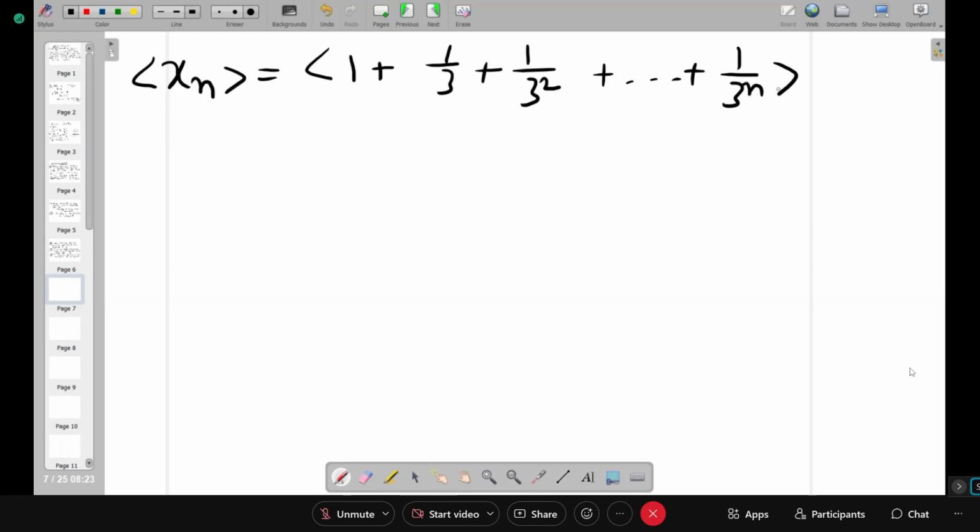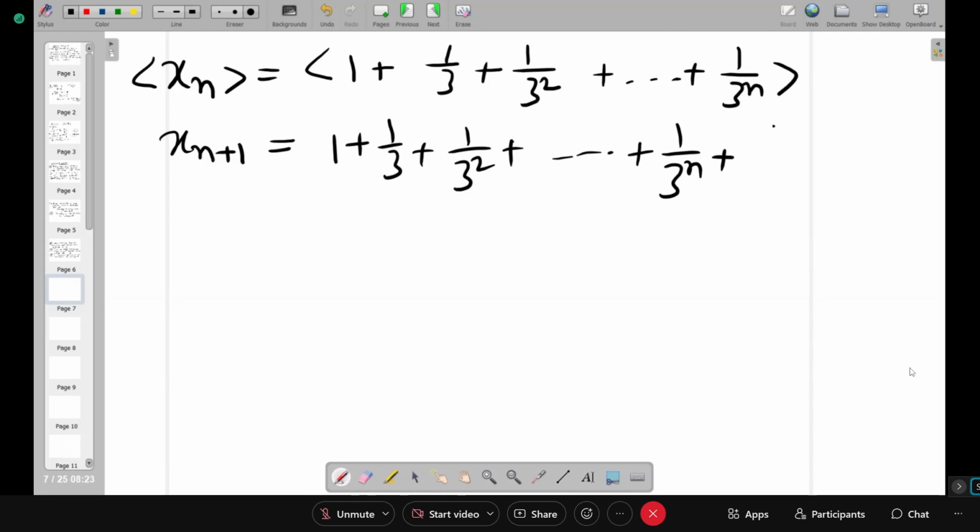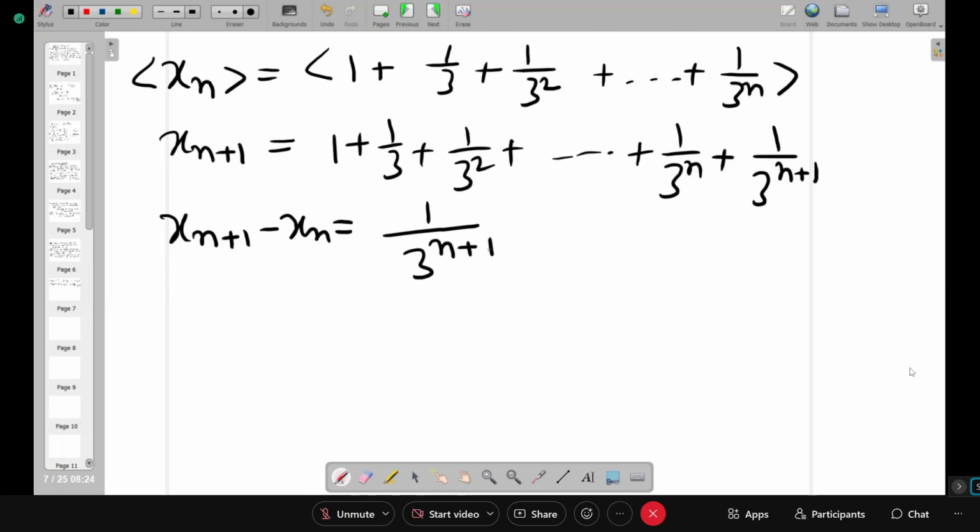How to show this is increasing or decreasing? So first we find out the xn plus 1 term of this sequence. So the xn plus 1 term will be 1 plus 1 by 3 plus 1 by 3 square plus up to 1 upon 3 to the power n plus 1. This is the xn plus 1th term of this sequence. So you can subtract, and what will you get? 1 upon 3 to the power n plus 1.